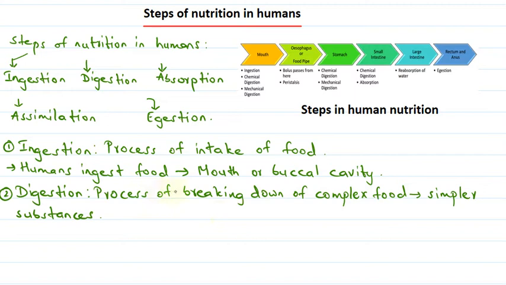It takes place in a long tube, which has some foldings here and there, and this long tube is called the alimentary canal, or food pipe.